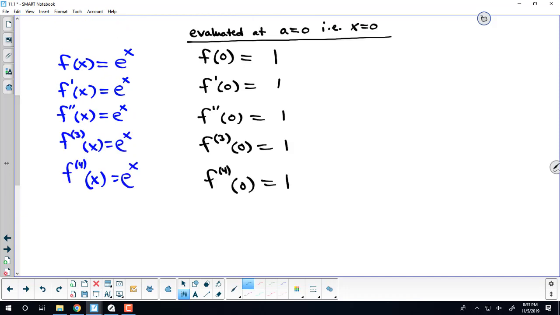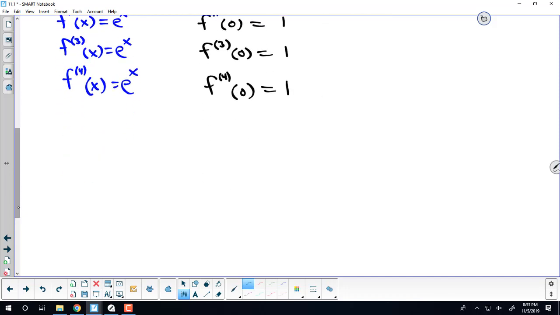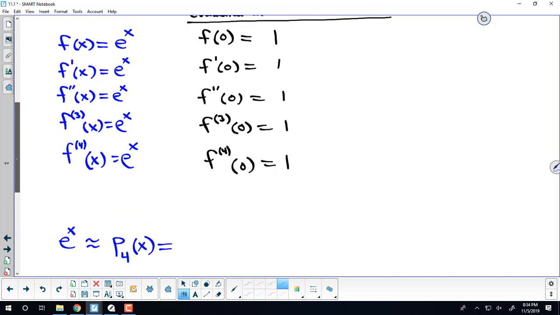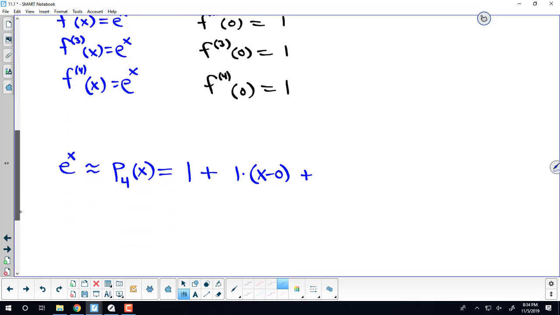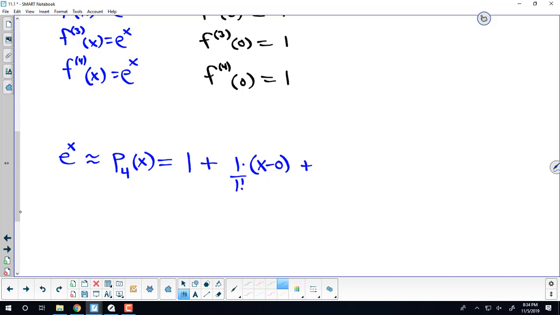So we're going to put this all together and say that the function e to the x is approximately p sub 4, that fourth degree polynomial, which is f of a, so f of 0, which is 1, plus the derivative 1 times x minus a, x minus 0 to the first. That came from the first derivative.